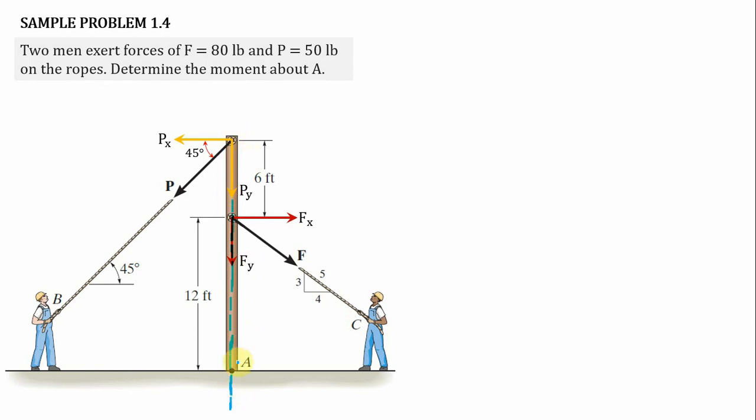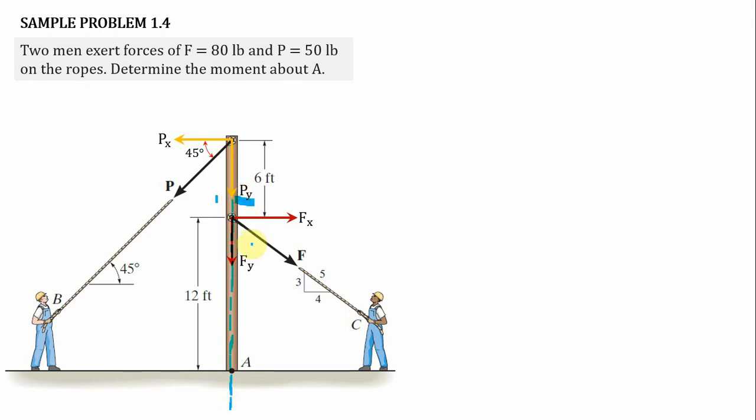Tingnan natin yung line of action ng Py. Di ba mag-i-intersect yung line of action ng Py sa A? So, therefore, Py cannot produce moment about point A because the line of action of Py is mag-i-intersect sa point A. Okay? So, therefore, conclusion tayo na ang Py cannot produce moment at A.